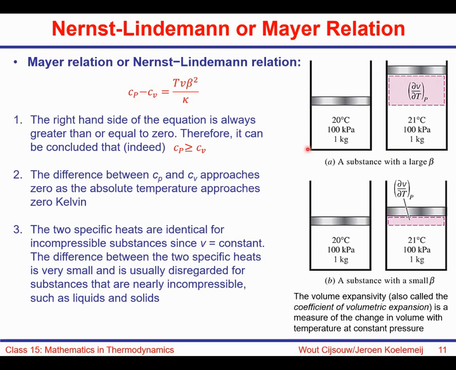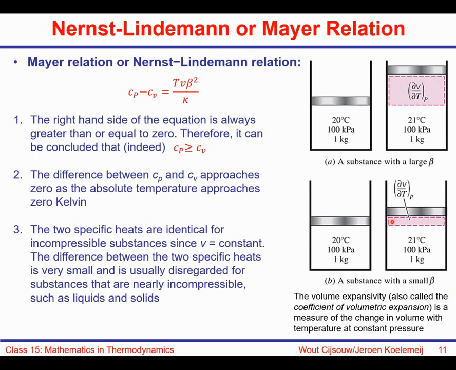And then here to the right, it's basically a simple depiction of what happens if you have a piston cylinder filled with 1 kilogram of a substance. In the top panels, it's a substance with a large beta coefficient, which means that if you heat the substance by only 1 degree, then there's already a huge expansion, huge compared to the case where you use another substance that has a small beta coefficient, which leads to a much more modest expansion of the substance.